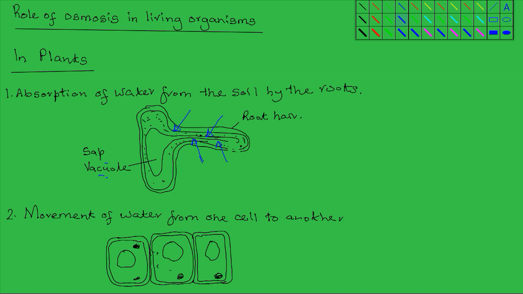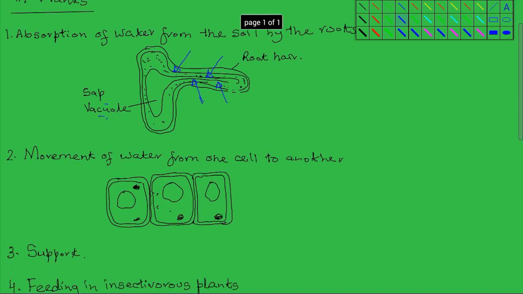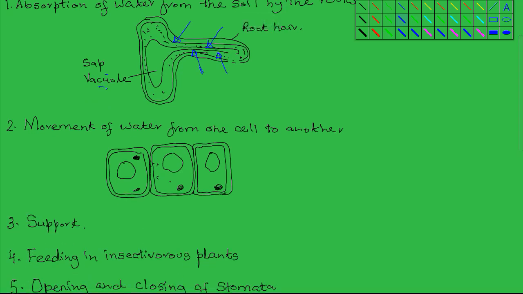This facilitates movement of water from that cell into the next one by osmosis. The next cell becomes hypotonic in relation to the next cell, and the process goes on and on from one cell to another, and in this way water can move from one part of the plant to another part. For example, from the root epidermis into the cortical cells and all the way into the center of the root.